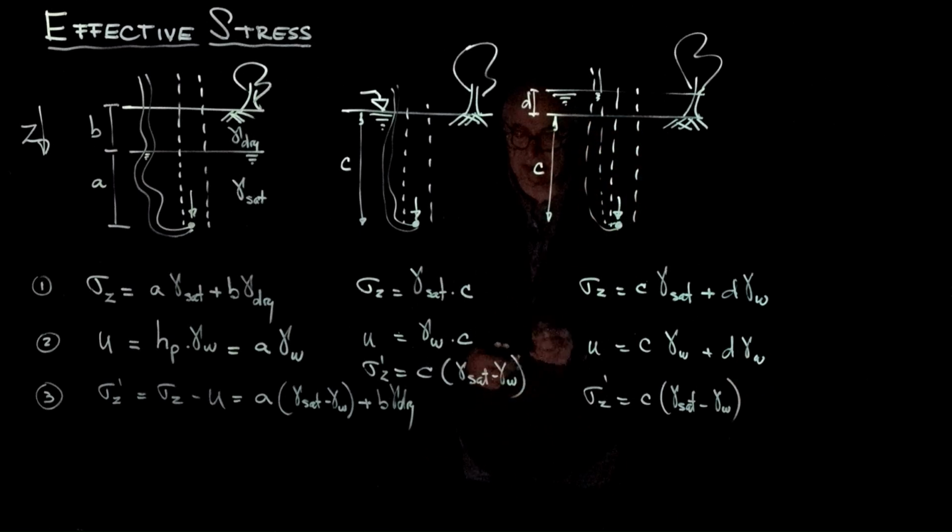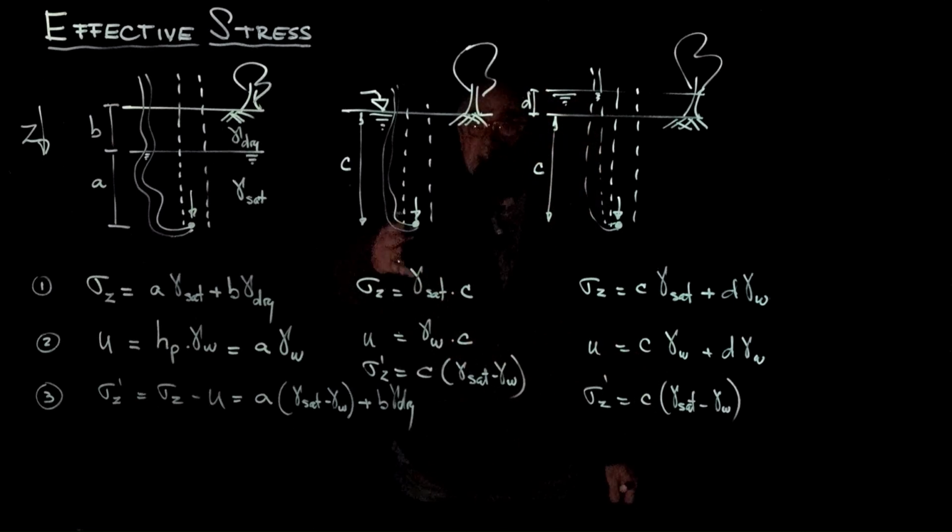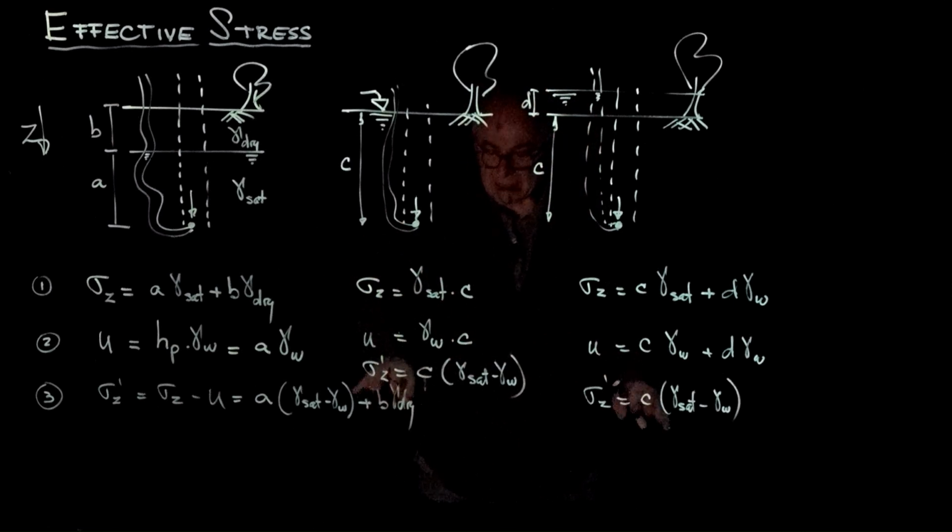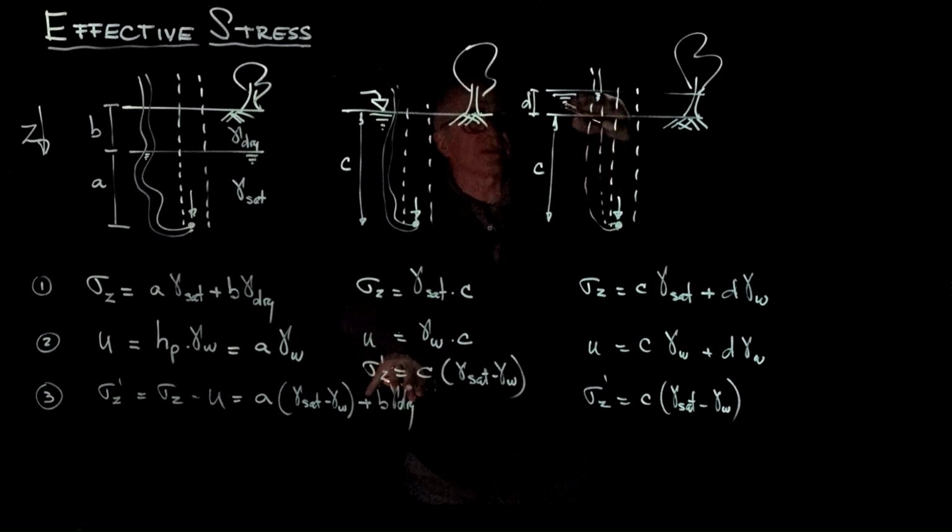Notice how interesting this is, because the effective stress in the intermediate case and the final case are exactly the same. That means that it doesn't matter how high the water is above the surface, the effective stress remains constant once the water has reached the surface, the Archimedes buoyancy of the system.